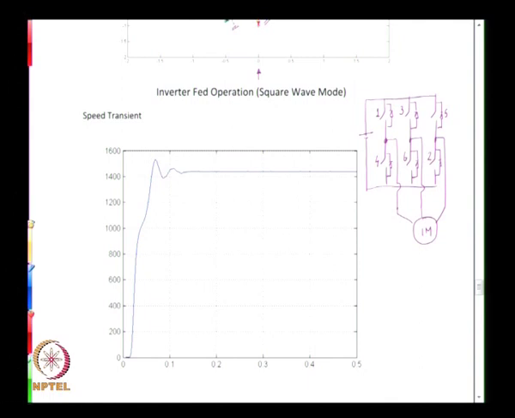So that means one switch is turned on or off every 60 degrees, and each switch having been turned on remains on for 180 degrees, and that is generally referred to as the square wave mode of operation, which is what we have mentioned here. So this is the inverter fed operation of the induction machine.